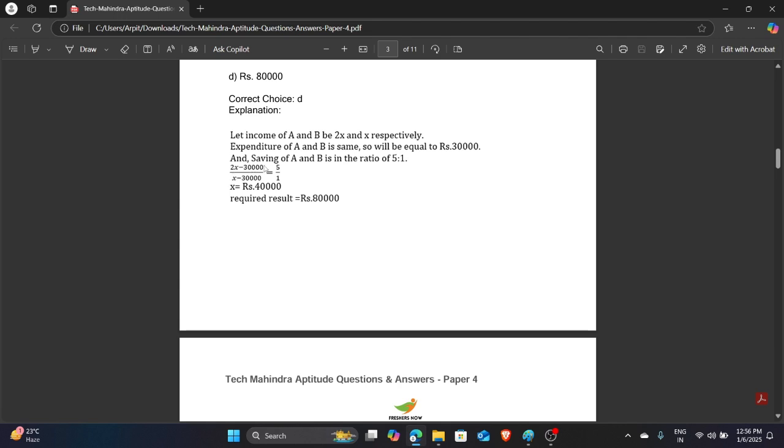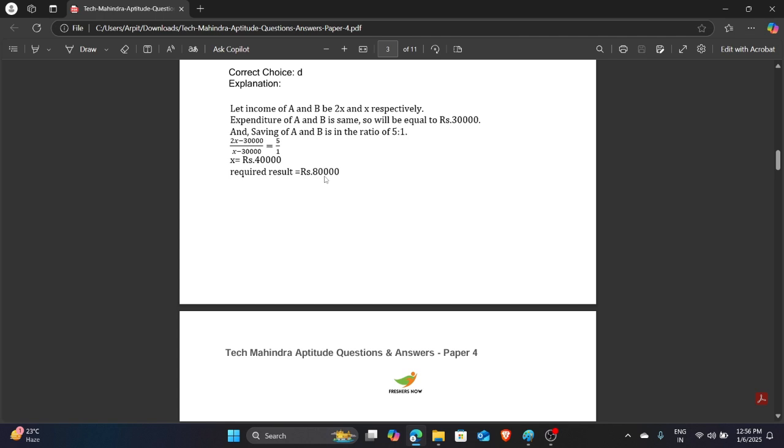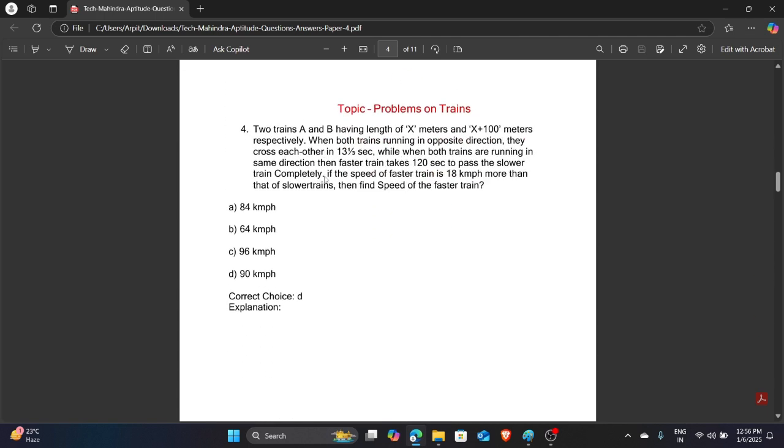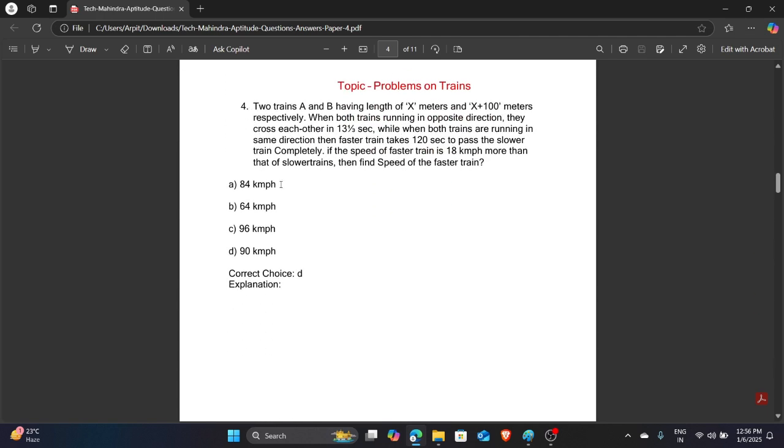If you subtract the expenditure from the total income, you get the saving. Similarly you have done here, and their ratio is obviously the same, because the saving also comes the same. Then they do all the calculation and get the answer. Okay, now this is the new question.